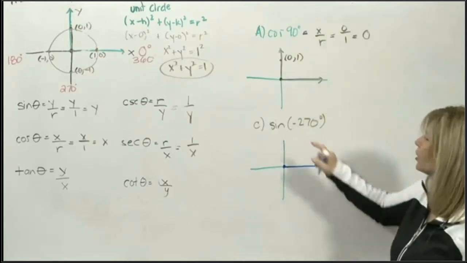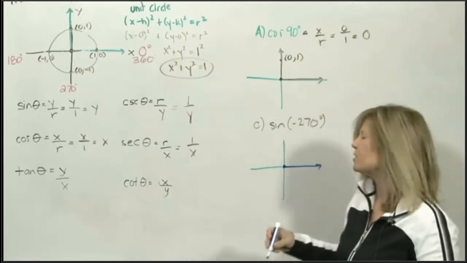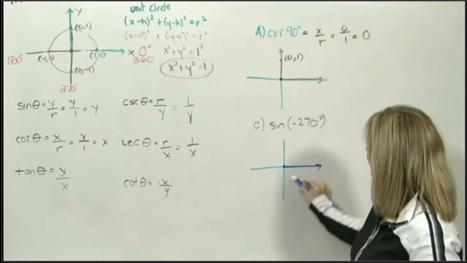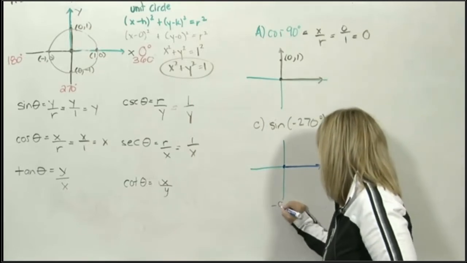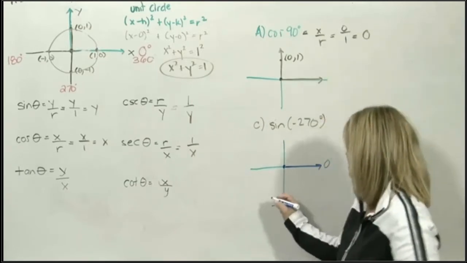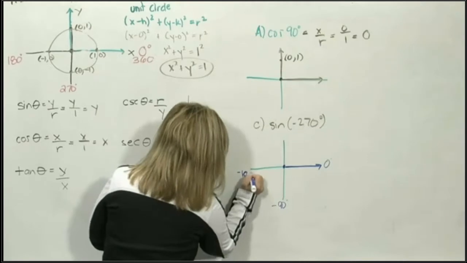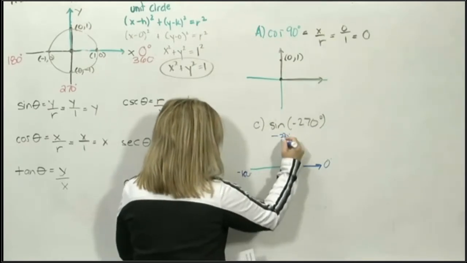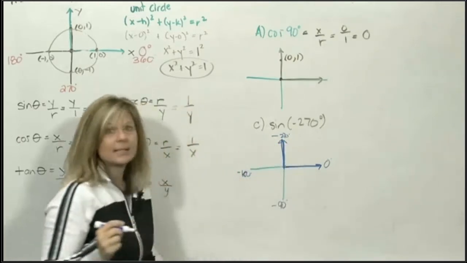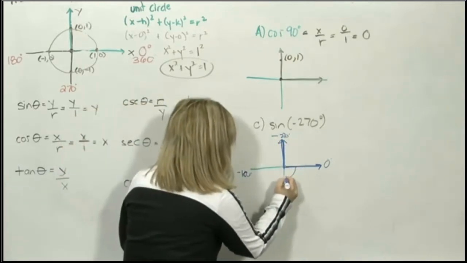If I'm drawing an angle that's negative 270 degrees in standard position, remember that means we're going to rotate clockwise. So this would be 0 degrees. This would be negative 90 if we're going clockwise. Negative 180, negative 270. So our terminal ray would land here also. Make sense? Only now we're rotating this way.